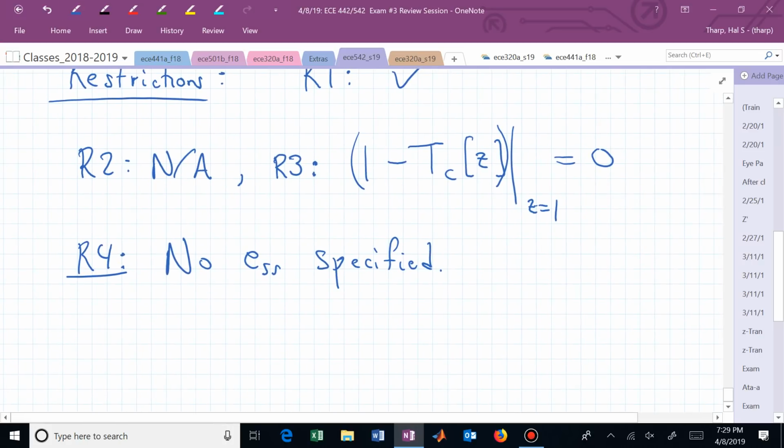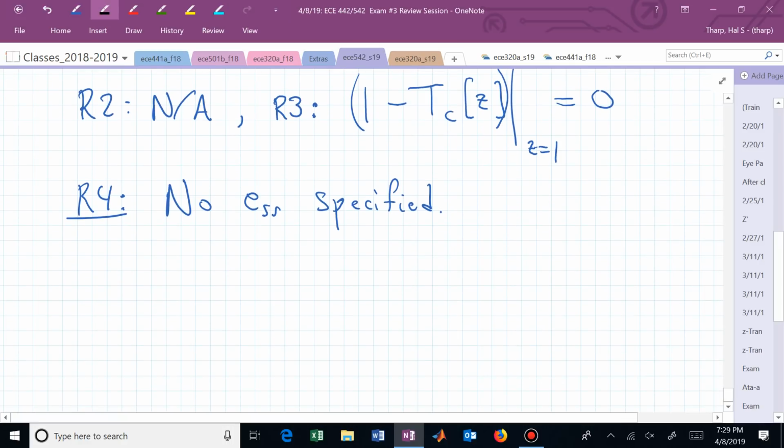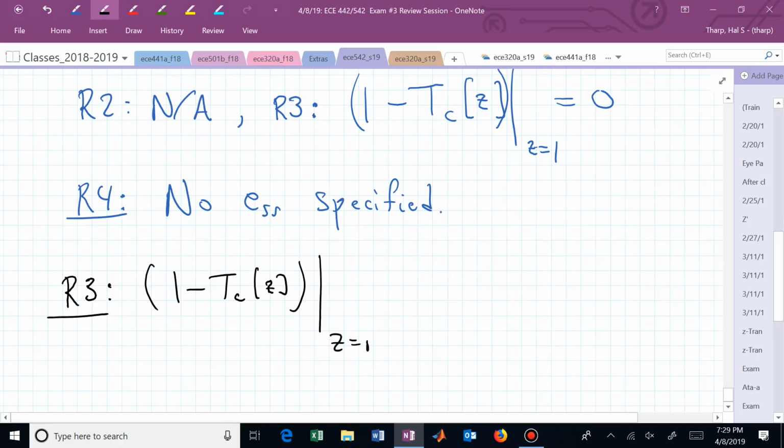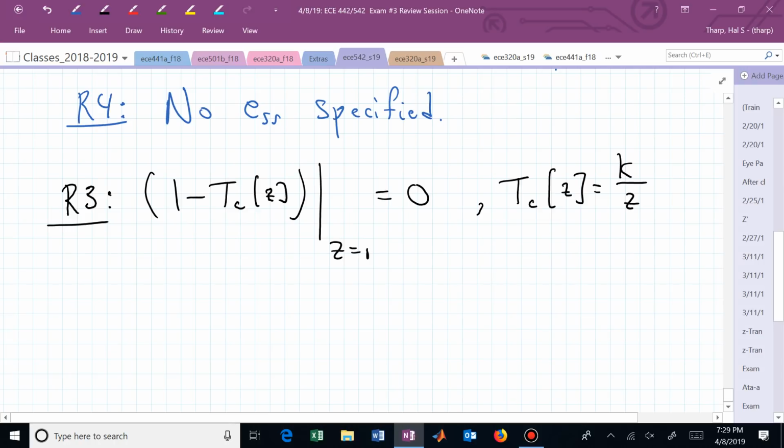So let's now go back to the one that needs to be maintained, which is restriction 3. And this says that we want 1 minus t sub c of z at z equal to 1 to equal 0. And we have picked already a structure for t sub c of z of k over z. If we evaluate that at z equal to 1, then we plug in z equaling 1 in the denominator, and we want that to equal 0.